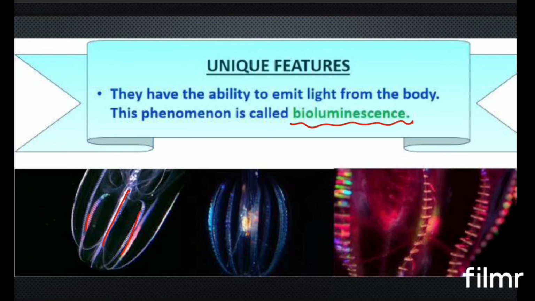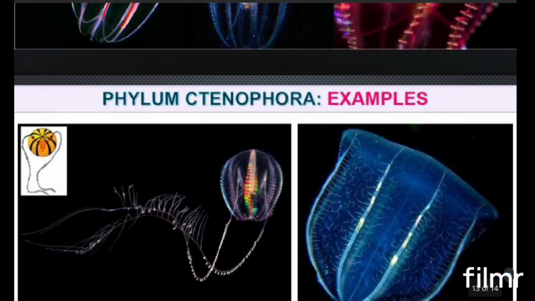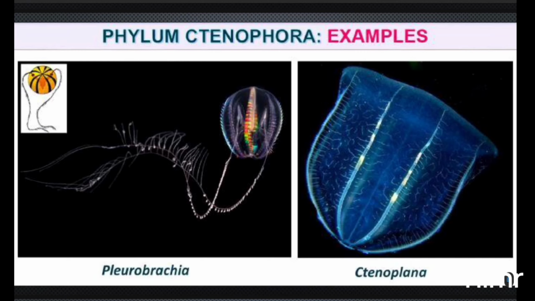So you can say that the comb plates are very much visible. There are 8 vertical comb plates, and through them the light is actually emitting. So because of the bioluminescence you can easily see those organisms, right? Very interesting feature. Here you can see that the entire structure of the comb jelly is actually transparent.